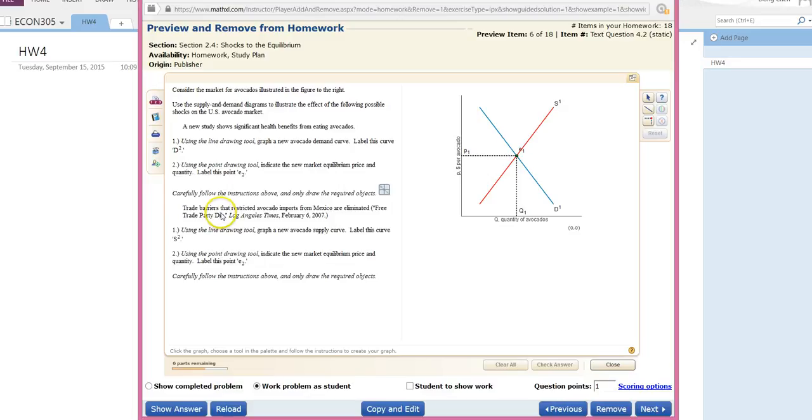Here, trade barriers have been eliminated, so that will likely increase the supply, which will shift the supply curve to the right.